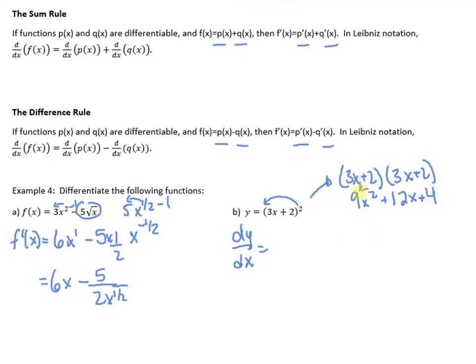In this case, 2 times the 9 comes in front, times x to the 1, plus when we derive just a variable x, it just becomes a 1, so it's just 12 times 1. And then when we derive a constant, it becomes 0. So we have 18x plus 12.